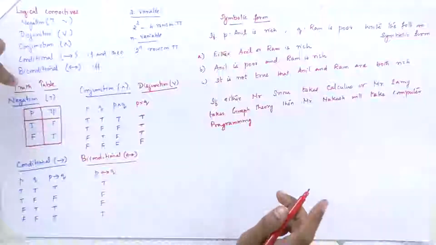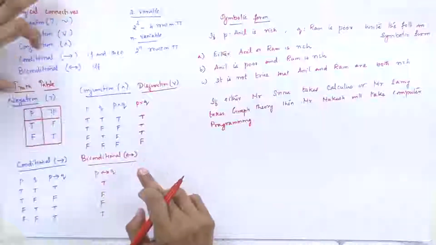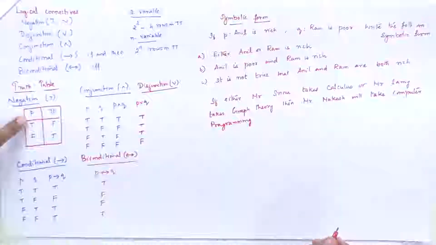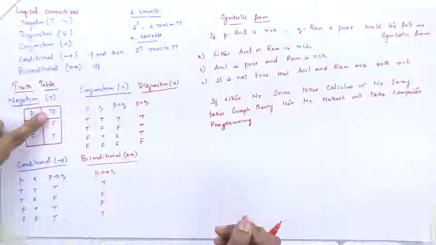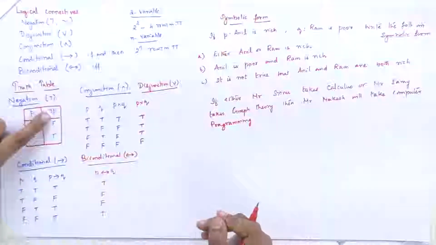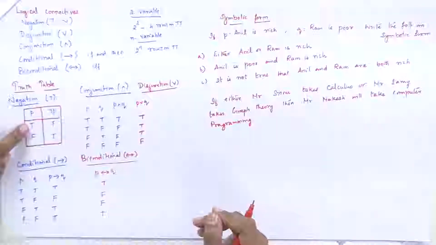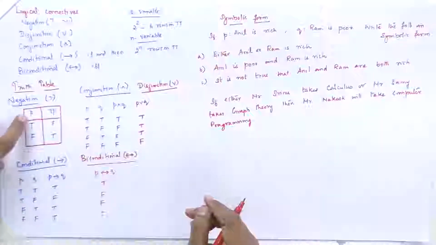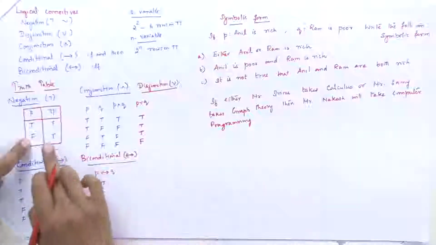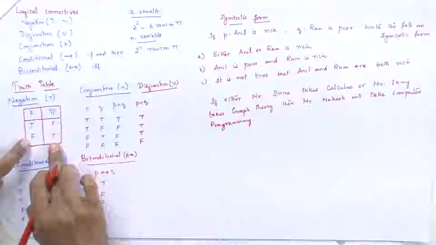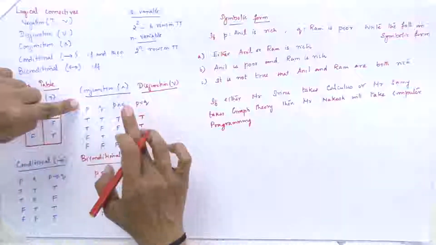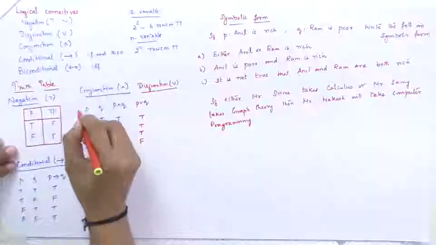I will repeat the truth tables for the various connectives. For negation, I have "not". Suppose I have a variable P, then the negation of that is negate P, or we call it not P. If P has the truth value T, then negate P will have the truth value F. If P has the truth value F, then negate P will have the truth value T. Next, for the conjunction connective, let us see how we construct the truth table.